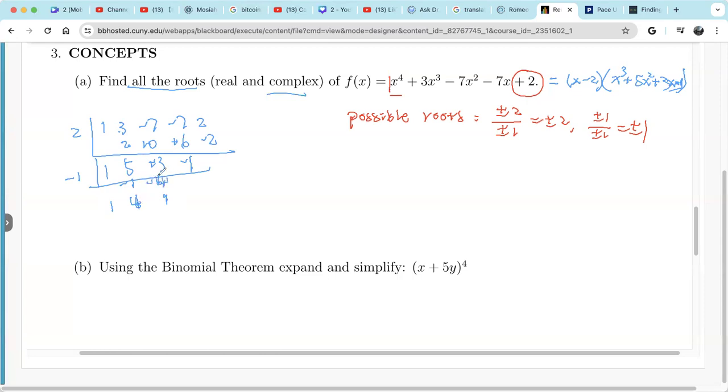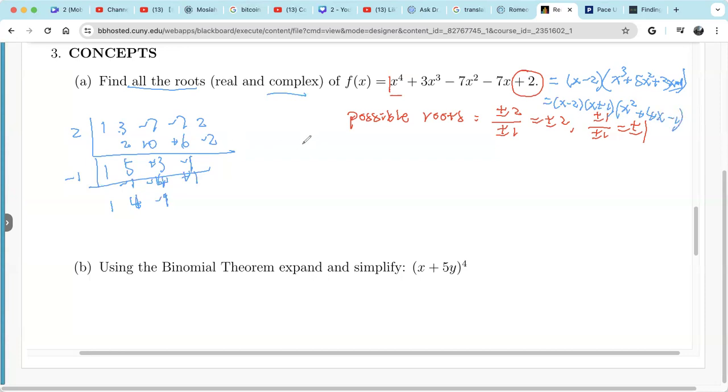Then -4. So -1. Oh, yes. Then positive 1. So we have x minus 2 and x plus 1 times x squared plus 4x minus 1.